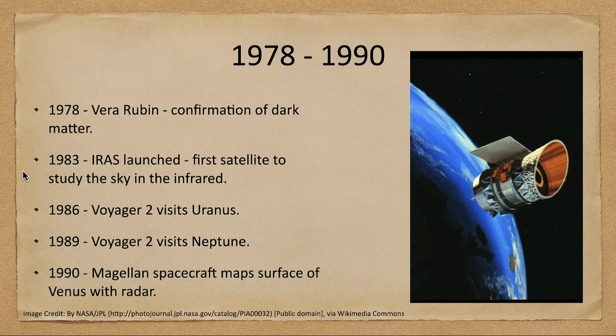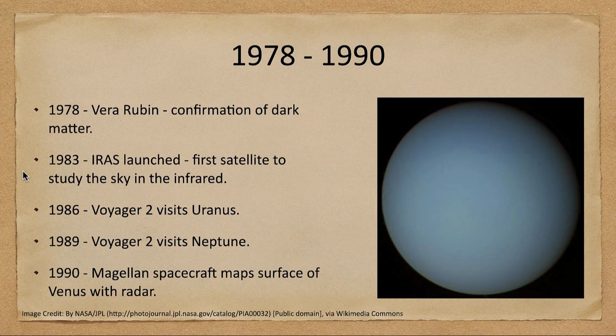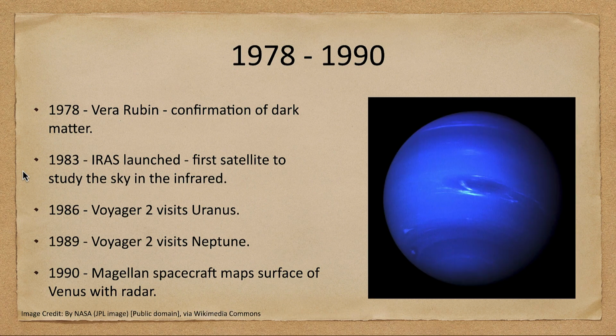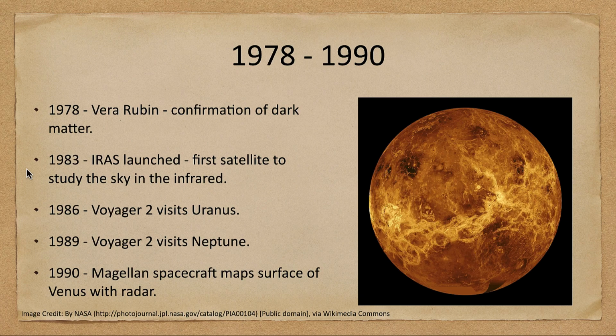Over the next couple of years, in the later 1980s, we visited Uranus and Neptune, exploring two more planets in the outer portion of the solar system. And as we'd seen an image of Venus from the surface previously, but Venus cannot be mapped from outside, at least not in visible light, but a map of Venus by the Magellan spacecraft, being fully mapped by radar in 1990.